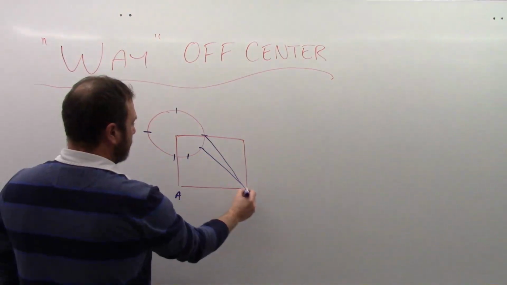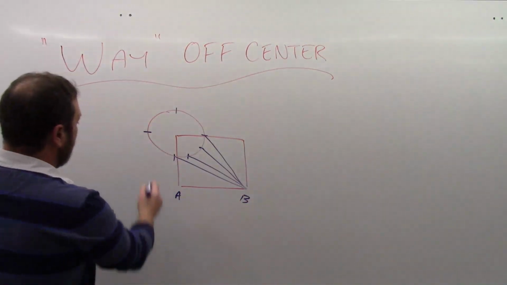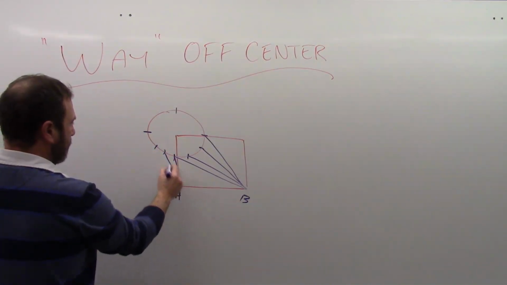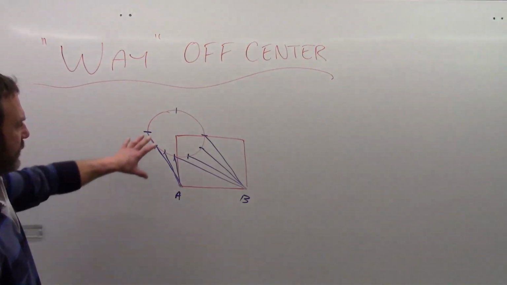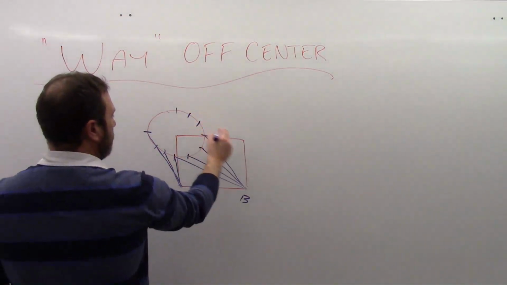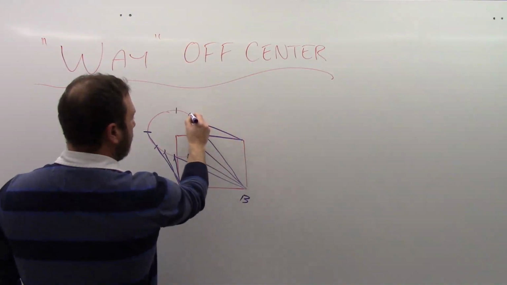Lower right to lower right. And the lower left would go to the lower left. And you can already start to see a bit of a shape in there. Upper right will go to the upper right.